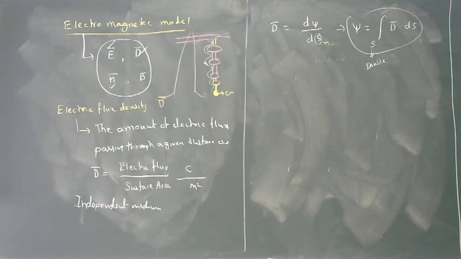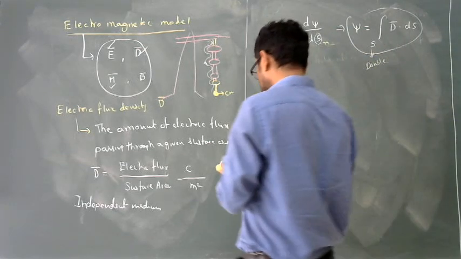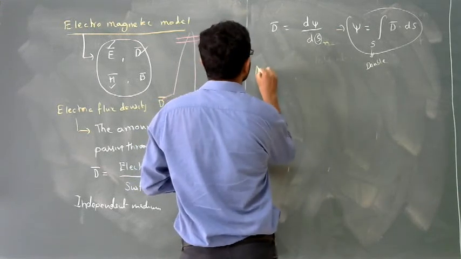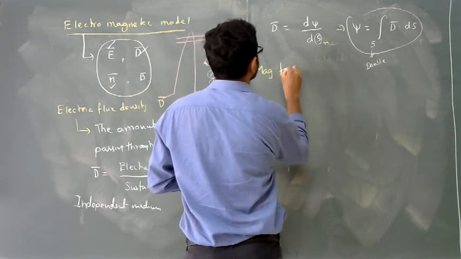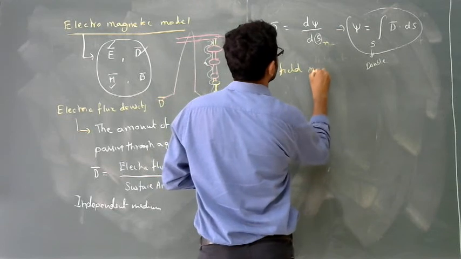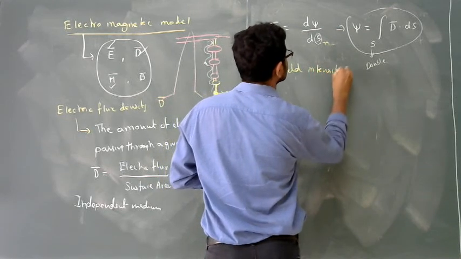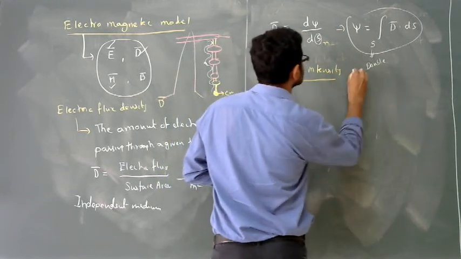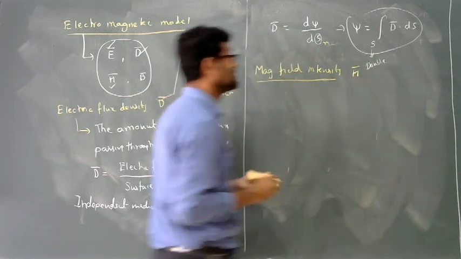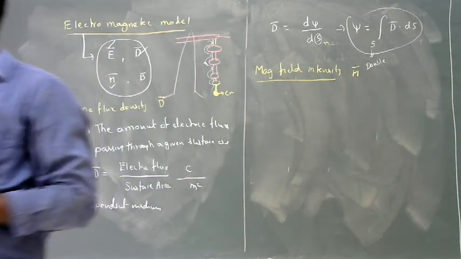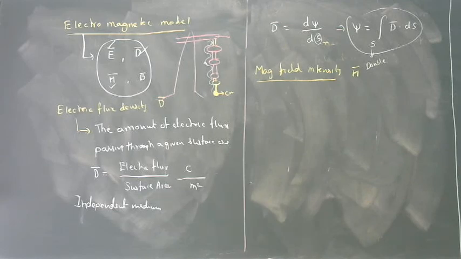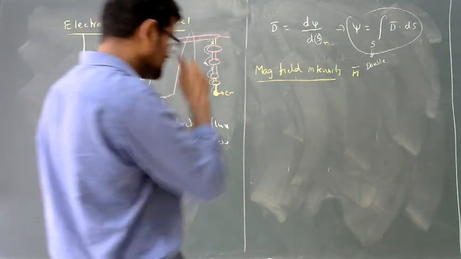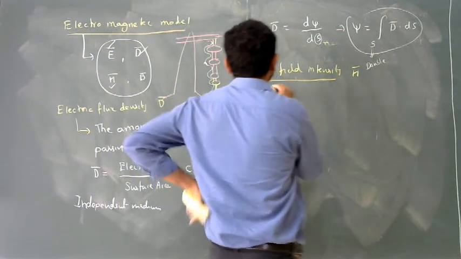The next definition is magnetic field intensity. Magnetic field intensity is denoted by the letter H bar. What is magnetic field intensity?